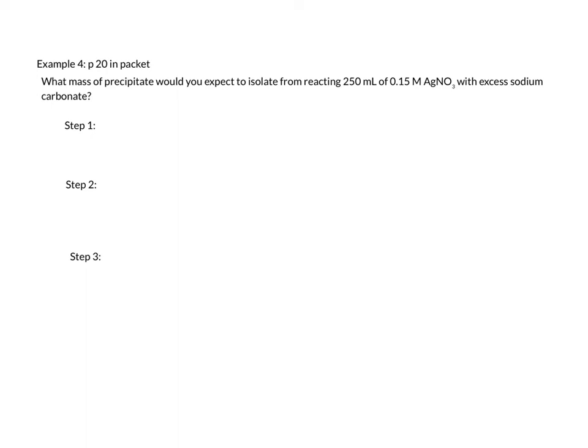So in this case, with our balanced equation, we're reacting silver nitrate and sodium carbonate, and we're getting silver carbonate and sodium nitrate. Right, and I need a 2 in front of that and a 2 in front of that in order to make my equation work.